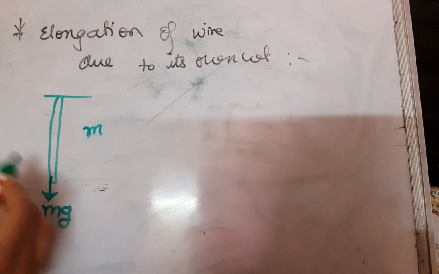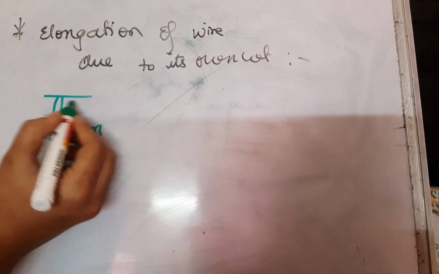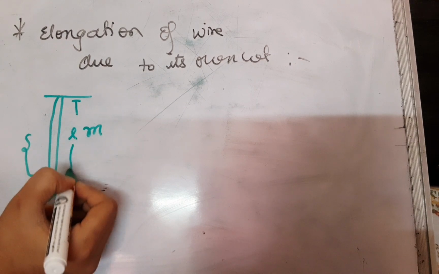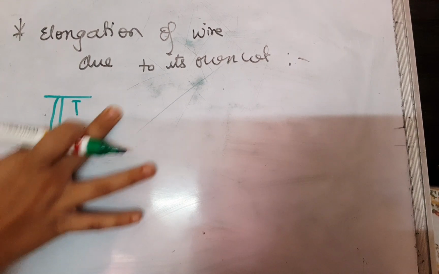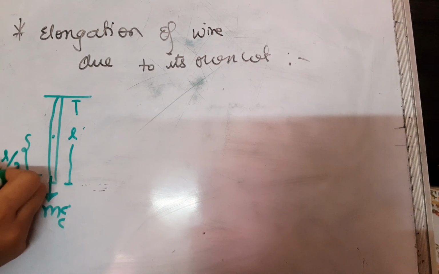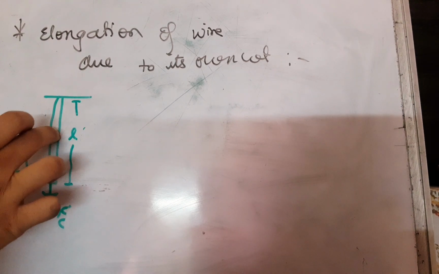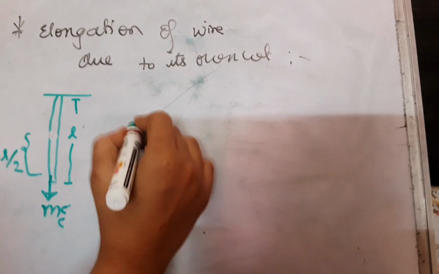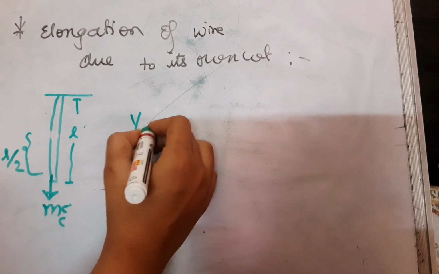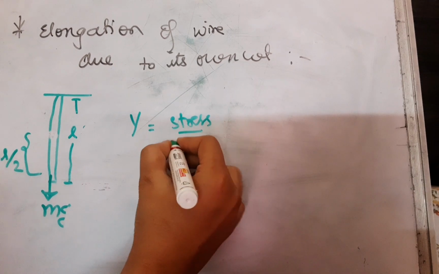And where is the center of mass lying? Let the length of the wire be L. The center of mass will be at a distance L divided by 2. So what you will write? Y, Young's modulus, is equal to longitudinal stress upon strain.